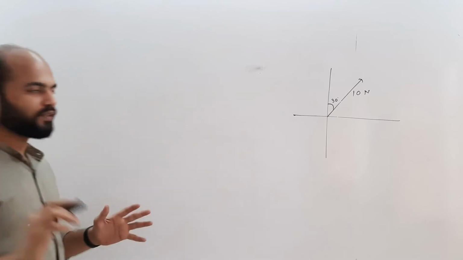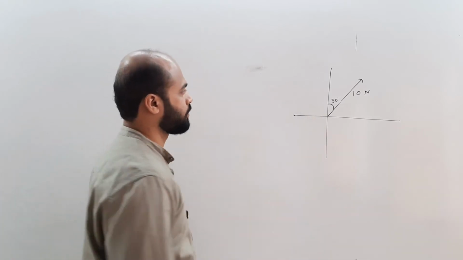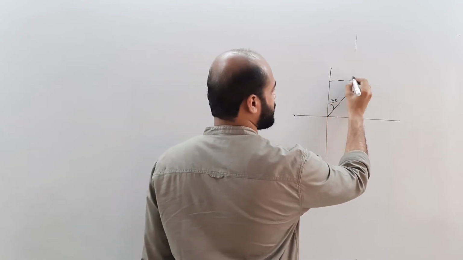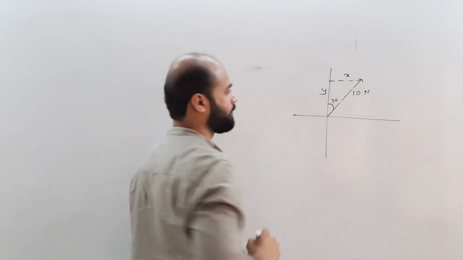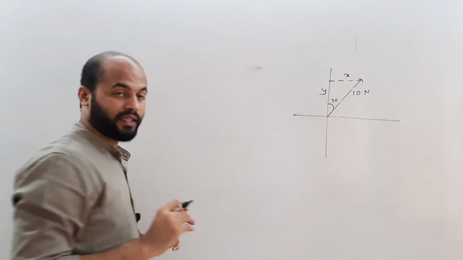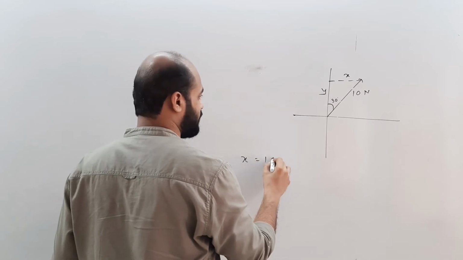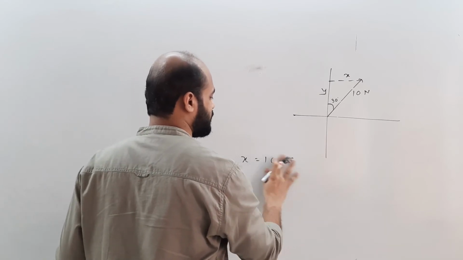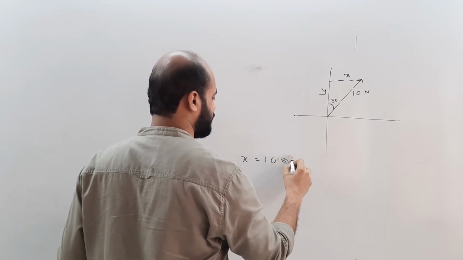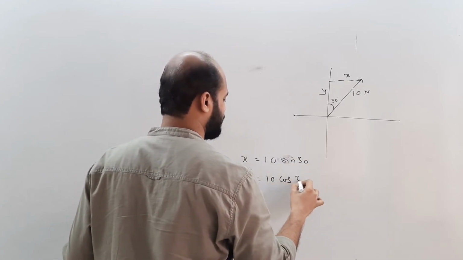So we have a slightly different situation now, wherein this is 30. Let's say this is x and this is y. So in this case, if you take the trigonometric ratio, then x will be 10 sine 30 and y will be 10 cos 30.